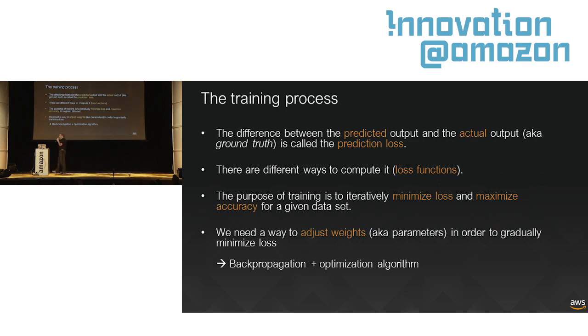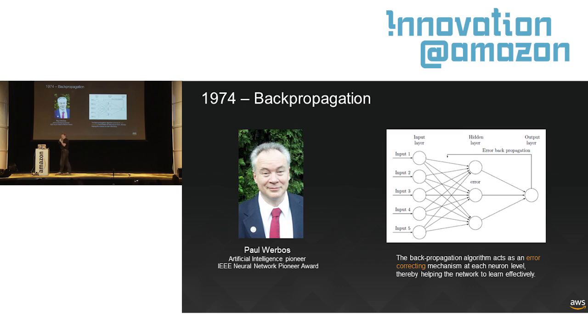And so the way to do this today, the accepted way, is an algorithm called backpropagation combined with an optimization algorithm. So backpropagation was invented by this gentleman. And it's an algorithm that, based on data samples that have been forwarded through the network, and based on the actual loss that has been measured compared to the ground truth, will then go back.